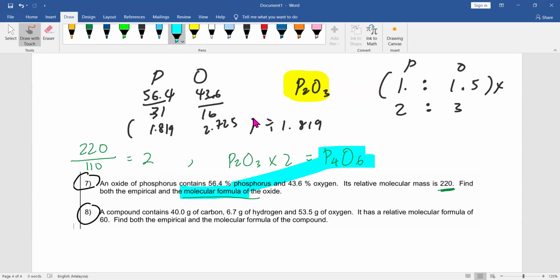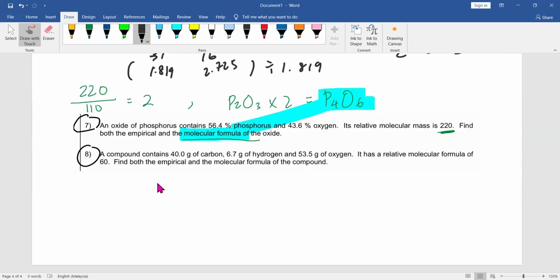Understand? Okay. Now, last one. 6.7 of hydrogen, carbon 40.0 and oxygen 53.5.